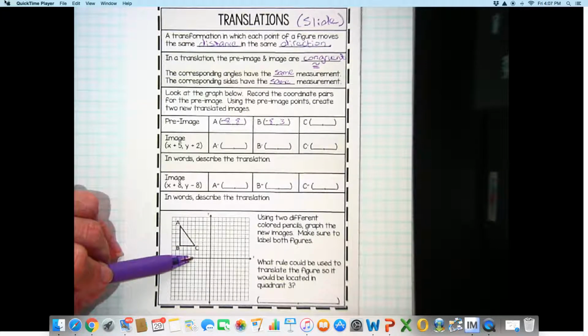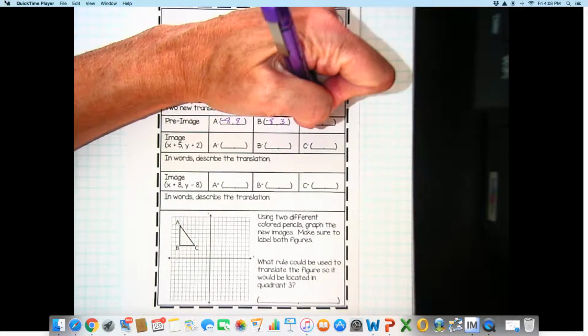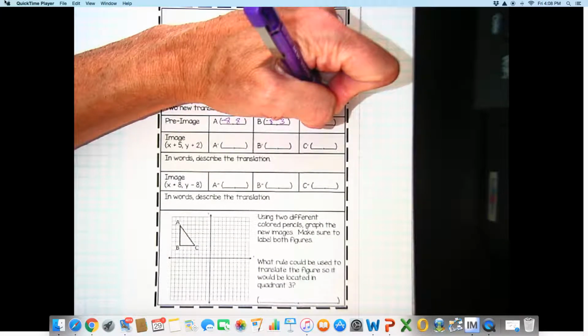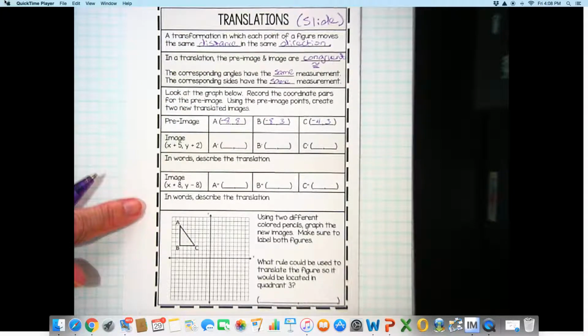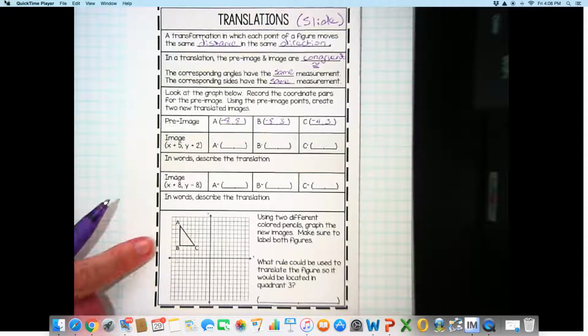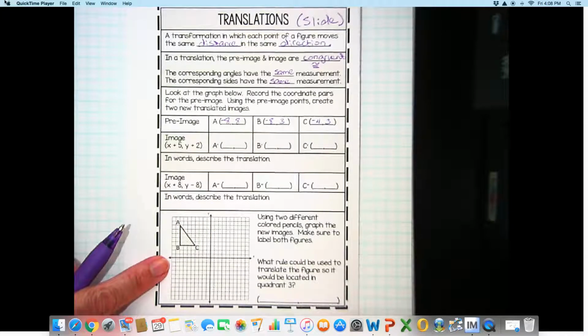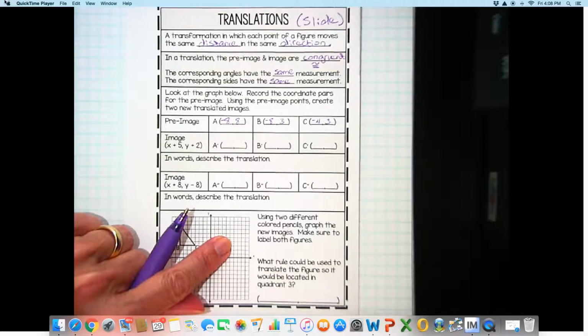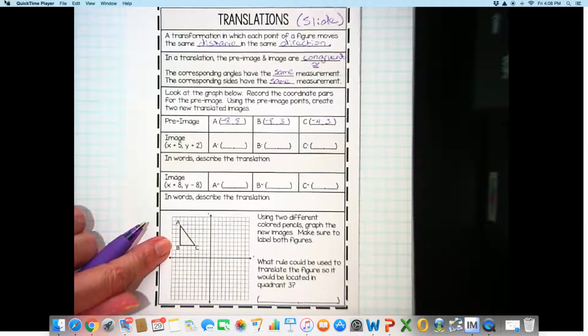So we're going to go to negative 4, positive 3. Now, just so we remember from our previous lessons, what quadrant is this in? Well, if you remember, this is quadrant 1, which means this is quadrant 2. So it starts out in quadrant 2, and we're going to translate it.